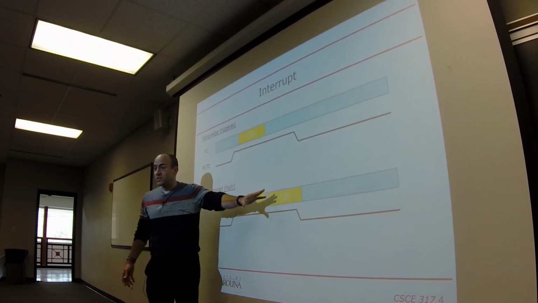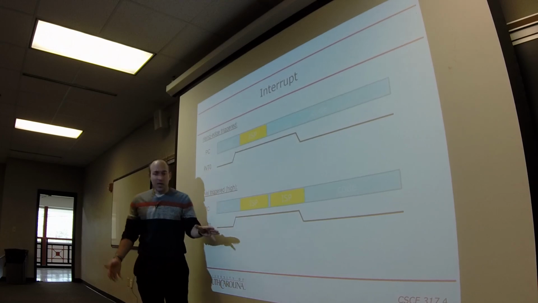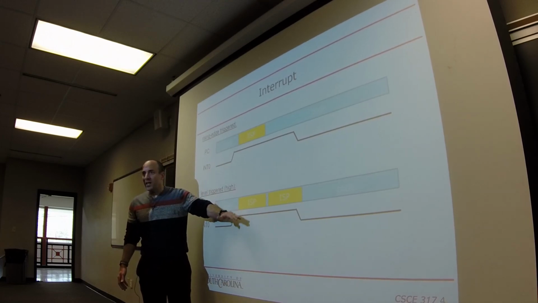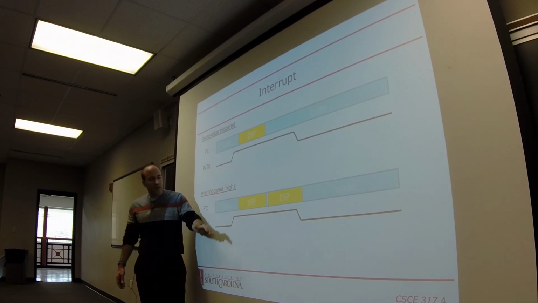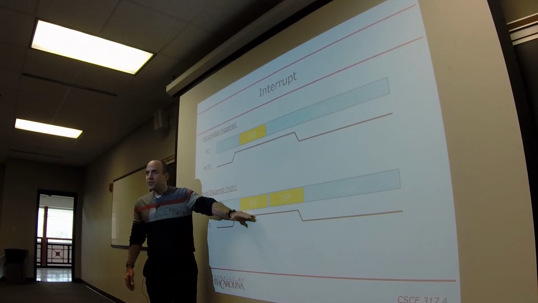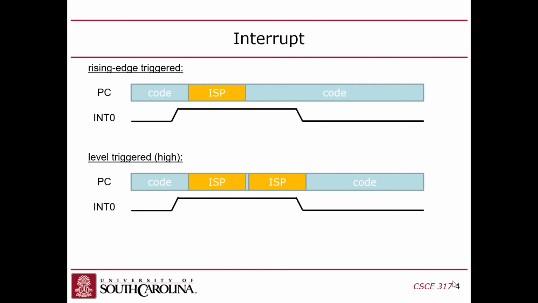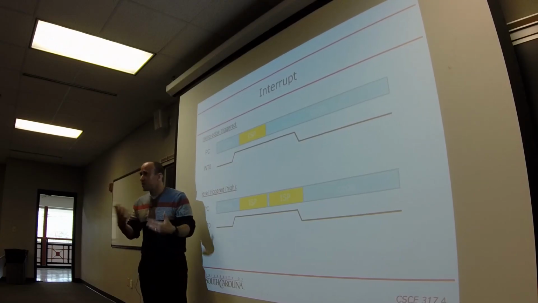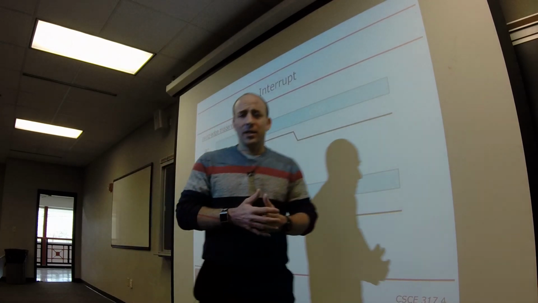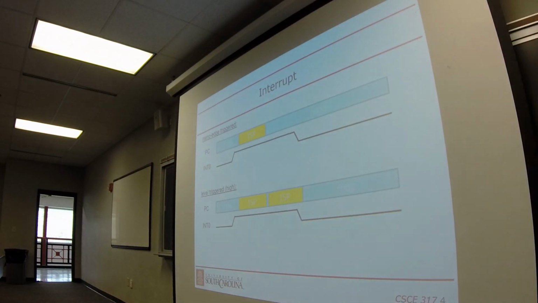It'll service this interrupt twice, right? Because it'll just see the level being high, and it'll think, oh, there's another interrupt being requested. So this is if I configure it to be level sensitive high, and this is if I configure it to be rising edge, right? Now, how you do this depends on how the external device works.